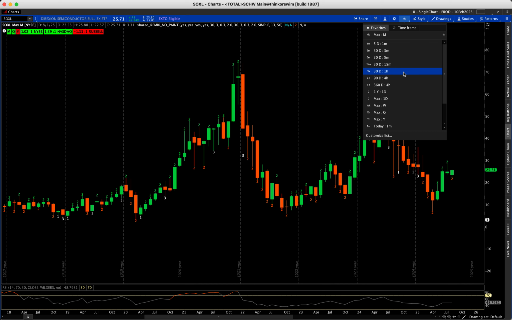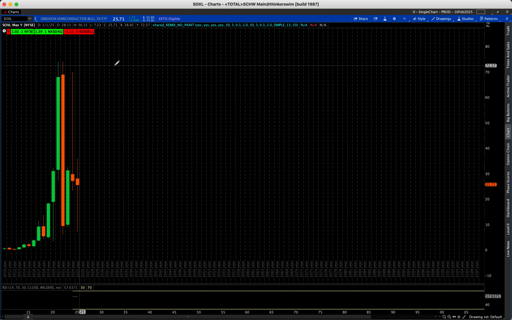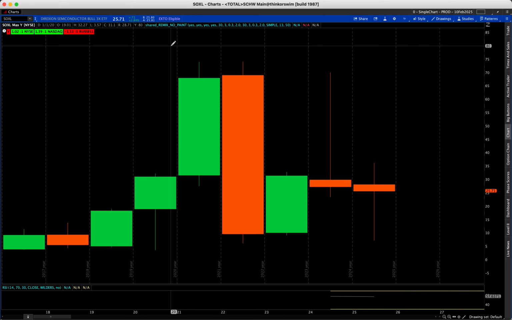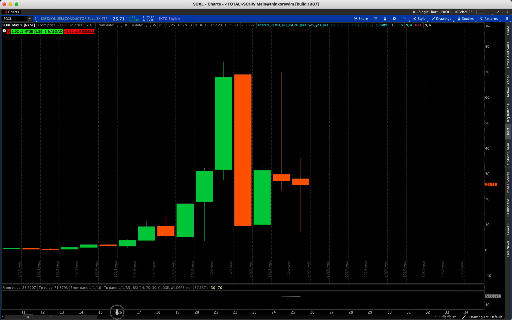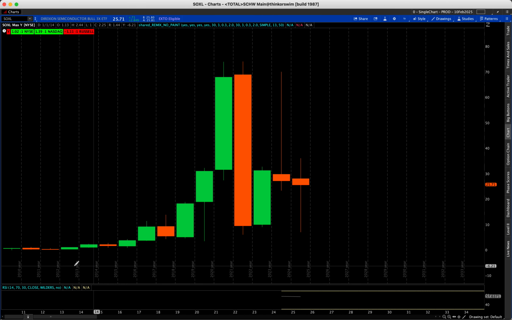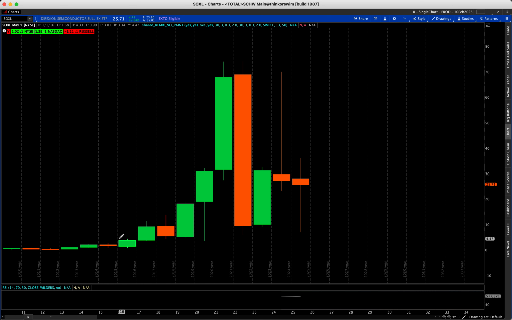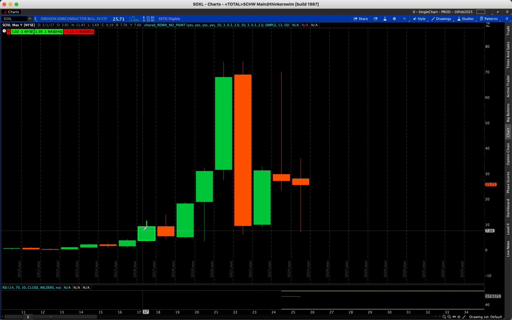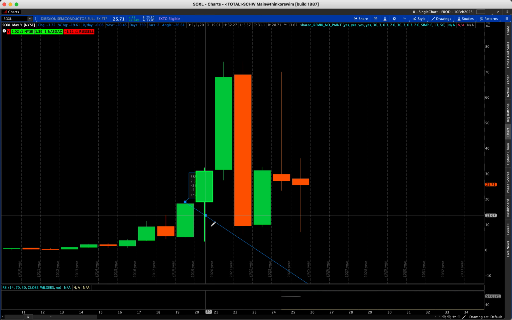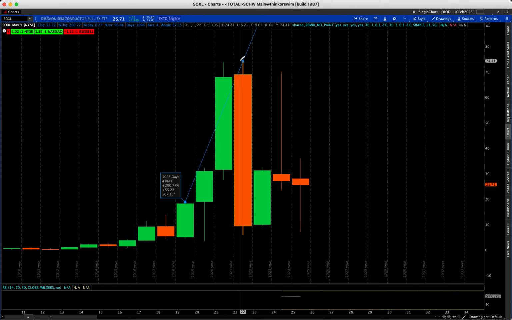Okay. So my personal approach is to break things down starting from the highest time frame, which would be the year. And in this case, there's not really any broadening formation that we have, right? The price action just basically goes up, up, up. We did have a 3 here, so this could be considered a high, and then we had a low, and then we go back to the next high, right?